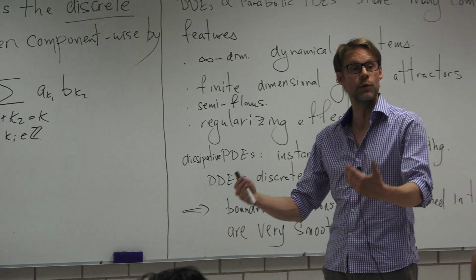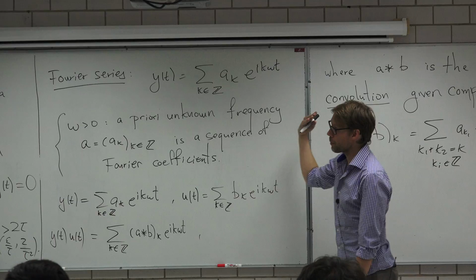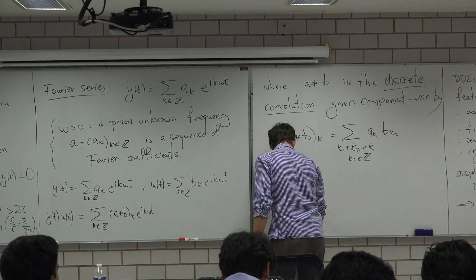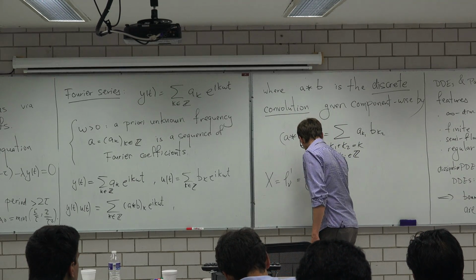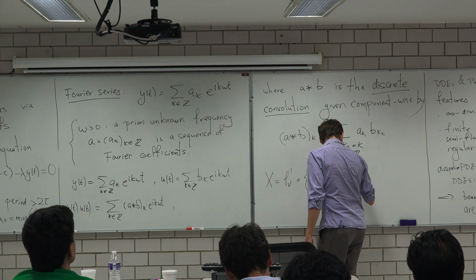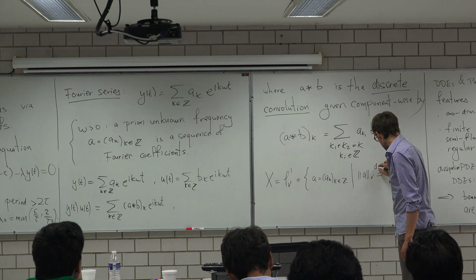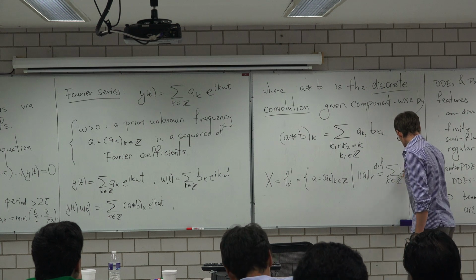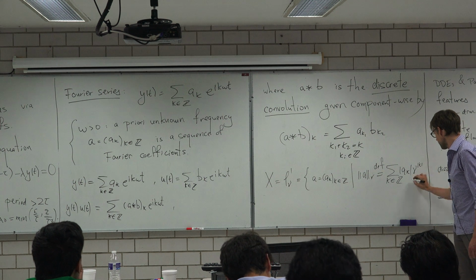That's precisely the reason why I'm going to plug that in there and look for the zero of a map, but in which space? That's going to be L nu 1, same notation, the set of Fourier coefficients A such that, by definition, the nu norm, the sum over the integers of the complex modulus of a sub k times nu to the absolute value of k, is finite.